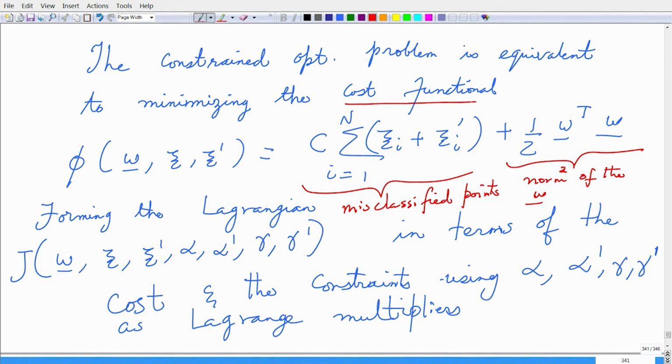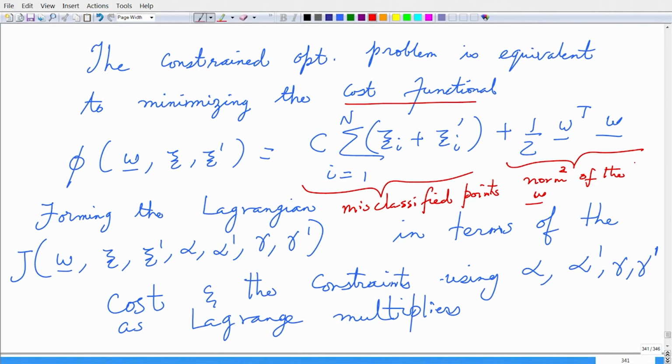The first part of the cost functional corresponds to a quantity where we have to minimize the number of misclassified points, and I think we saw this sort of idea when we discussed nonlinearly separable patterns and design of SVMs for them, where we had classes that lie on either side of the optimum hyperplane and they are misclassified, and we formulated an average risk for this and set this up as an optimization problem.